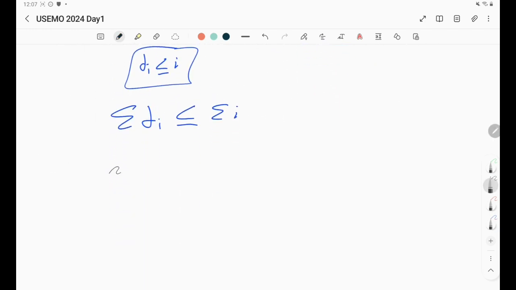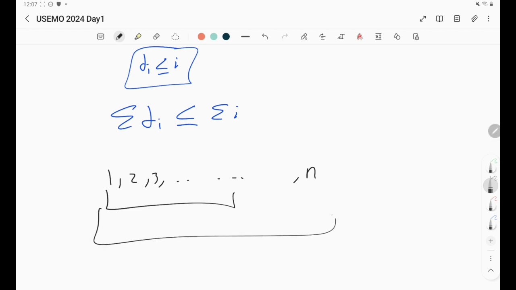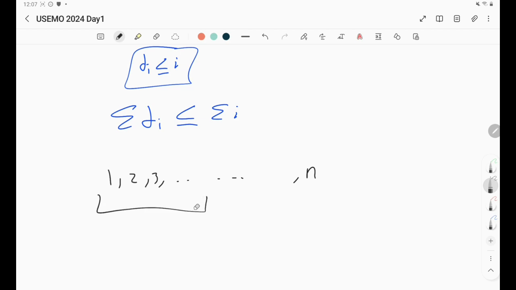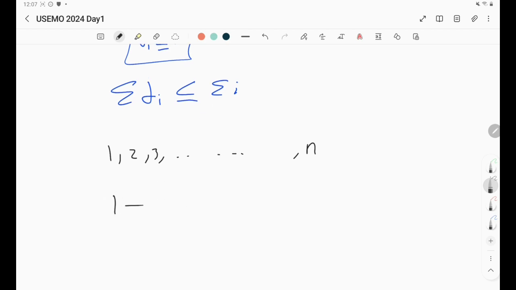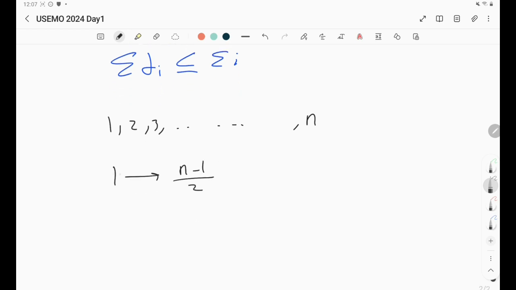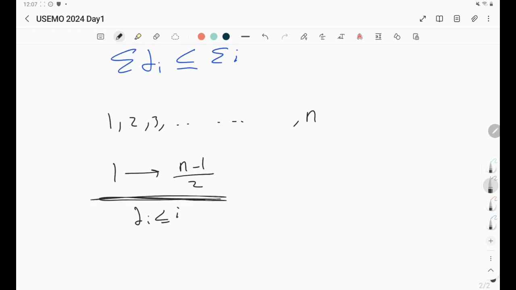Okay, we have the numbers 1, 2, 3 till n. We want to only take the first half. Of course, we know that n in total is odd. So we just take the first half, that is from 1 till (n minus 1) divided by 2. For each one of them, we're going to apply d_i is less than or equal to i. So the degree of this is of course going to be less than the sum of all of these, 1 plus 2 plus 3 and so on.